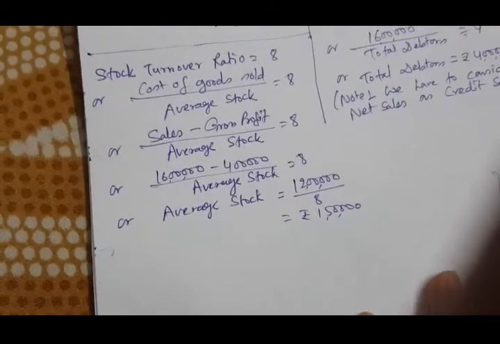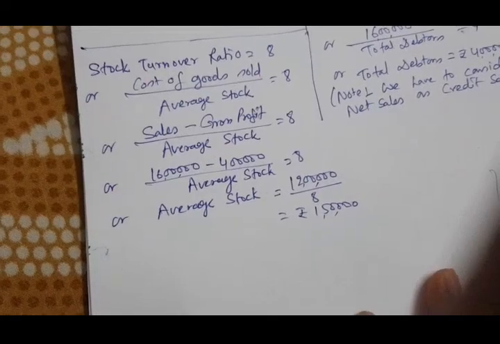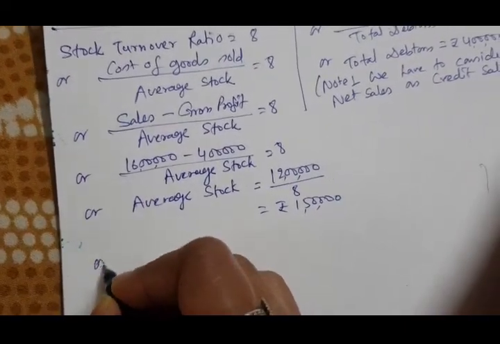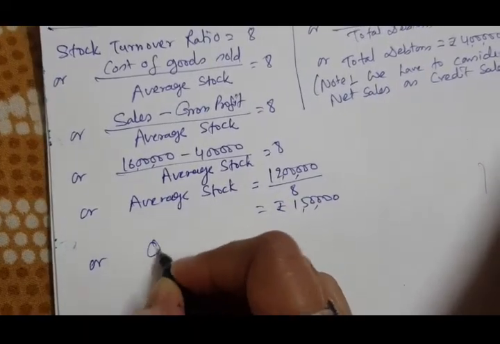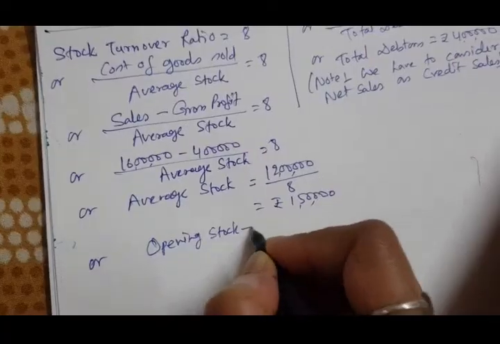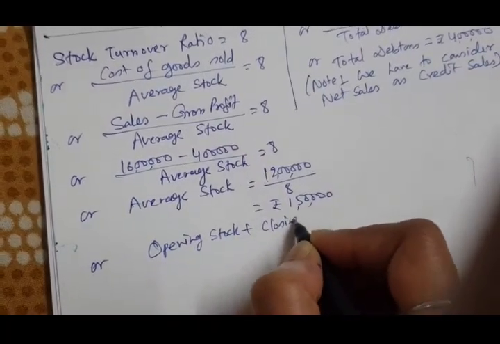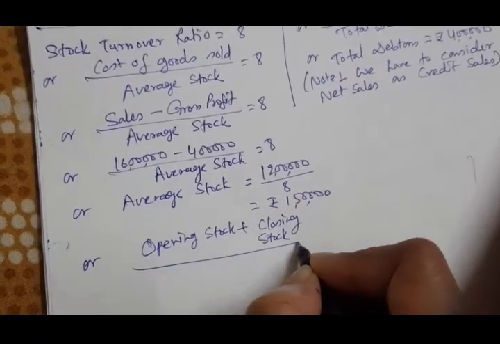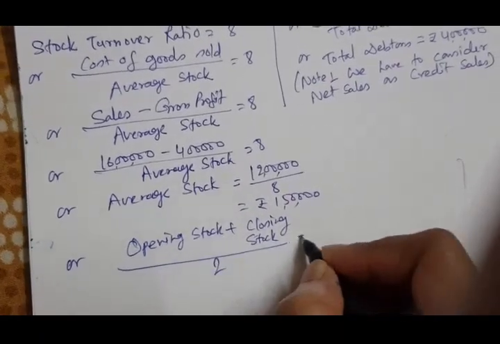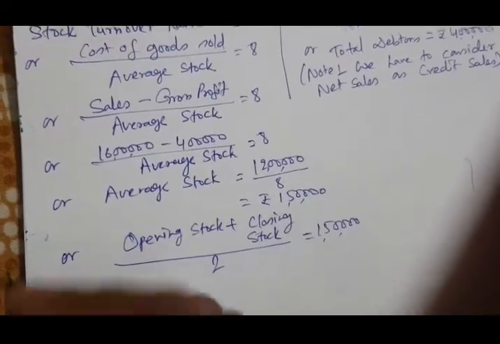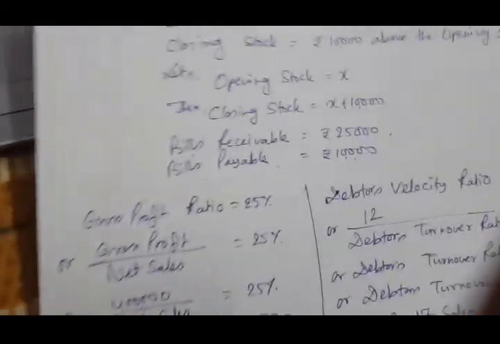Average stock is nothing but opening stock plus closing stock divided by 2, which is 1,50,000. Now we have done this one.